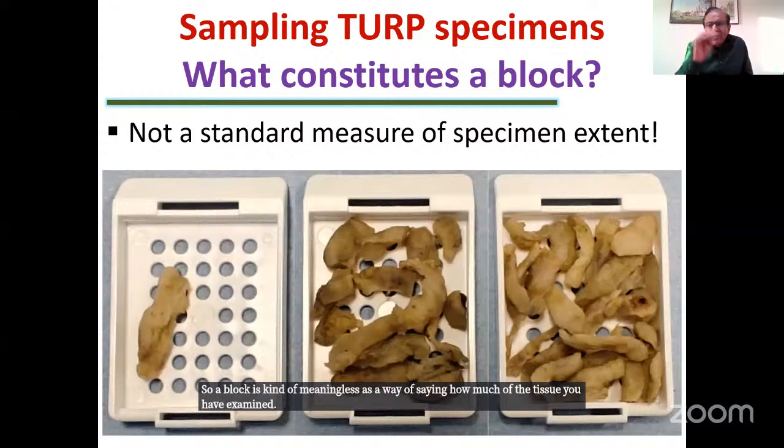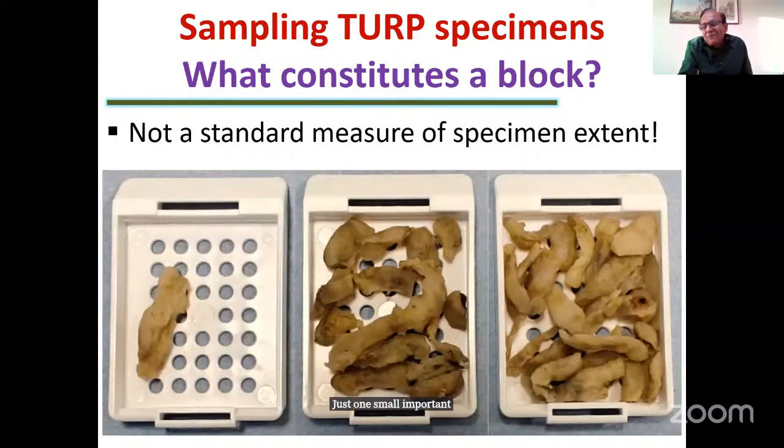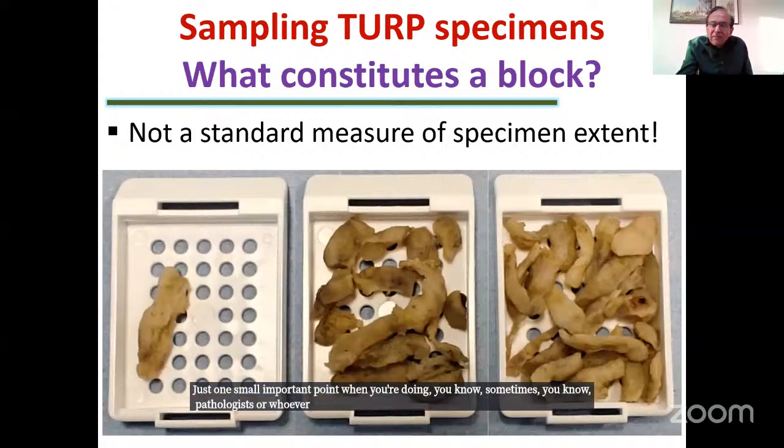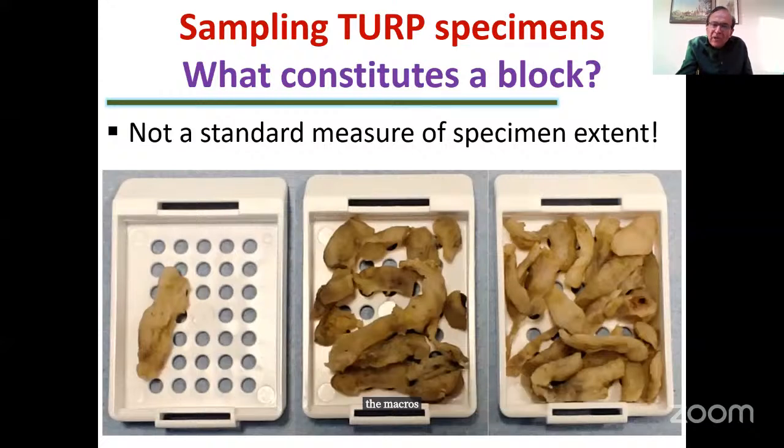Just one small important point: sometimes pathologists or whoever is doing the macroscopy think they're doing a good job by filling up that cassette with chips and absolutely stuffing it. But don't forget, you're only examining one 5-micron section from it, and the rest of it will remain inside.